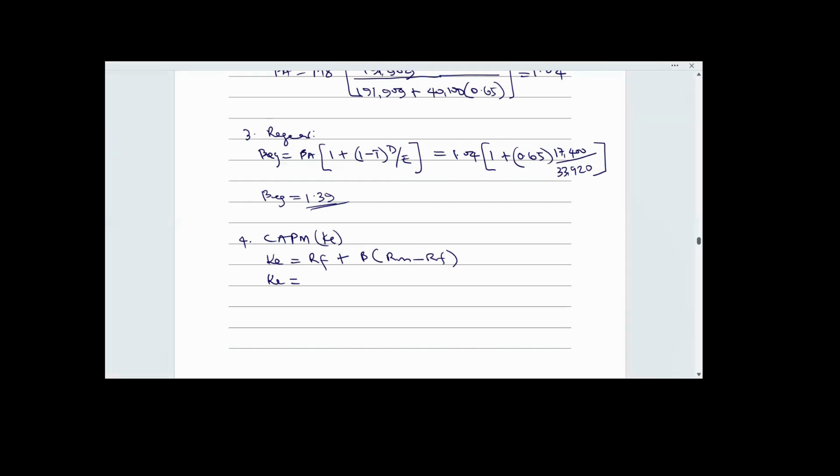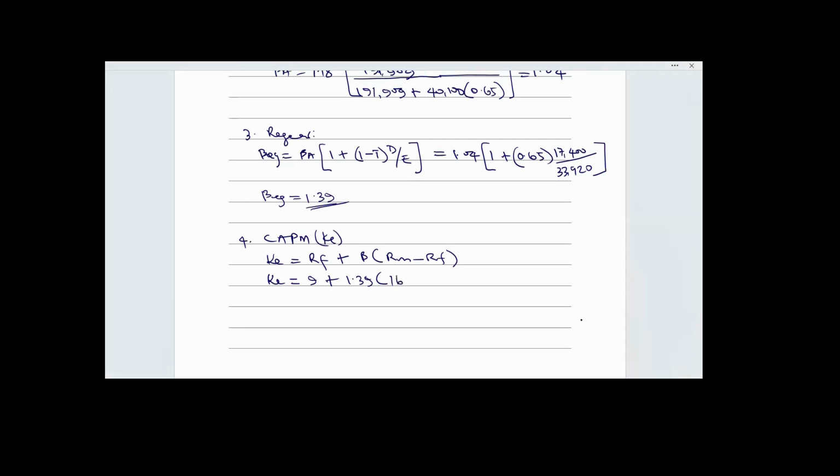So I would then say 9 plus the beta equity of 1.39 multiplied by market return. I need market return. I will go back to the question. We are told that the market return is estimated to be 16% per year. RM is 16%.